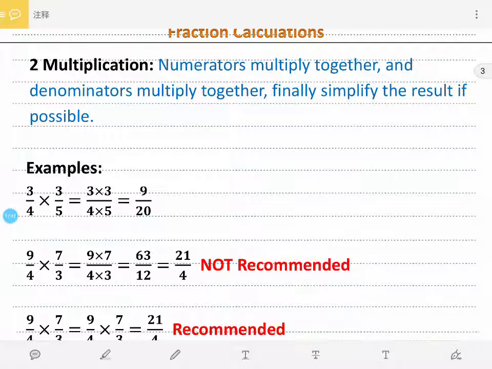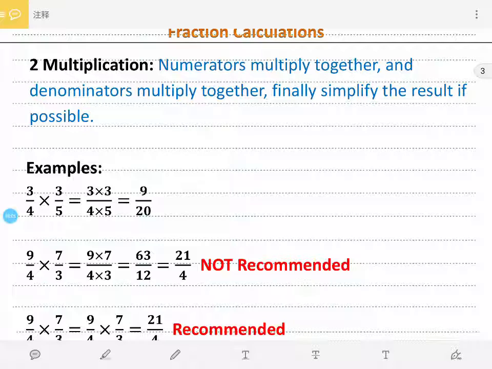Next, let's consider the multiplication of two fractions or more than two fractions. The rule is simple. You don't have to do anything about finding the equivalence of two fractions.